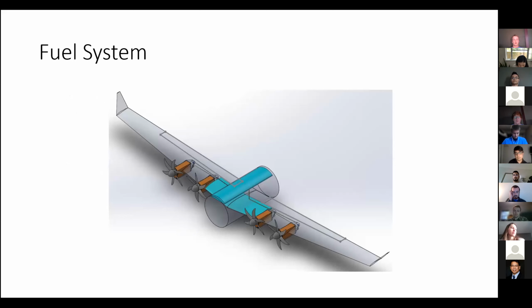This picture shows the layout. You can see in the blue represents our tanks. There's a wing tank mounted through the fuselage in the wing box, and on top of that is the fuselage tank that is mounted on the ceiling of the fuselage. We wanted to keep a space between them so that maintenance workers could routinely check and inspect the aircraft.